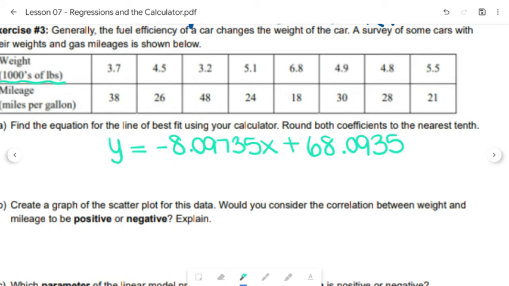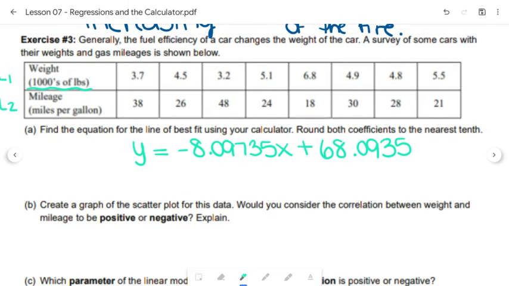Now again, we've got to be careful because this is in thousands of pounds. So just keep that in mind as we go to plug in.